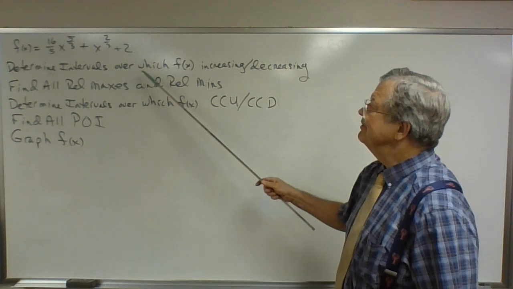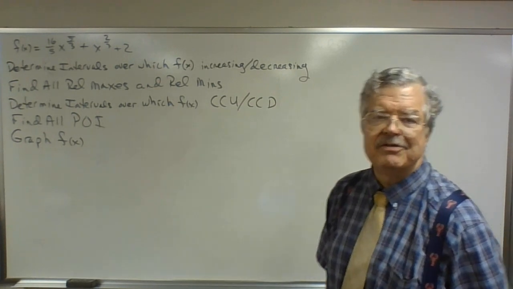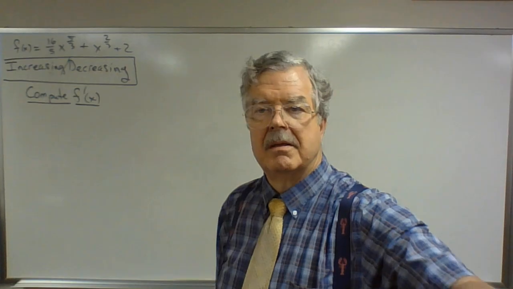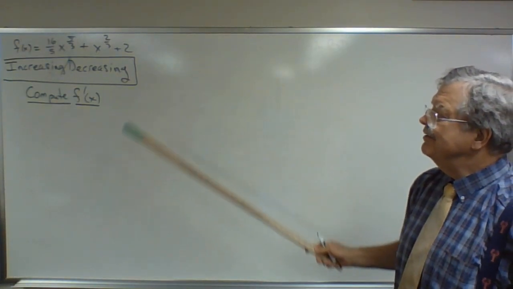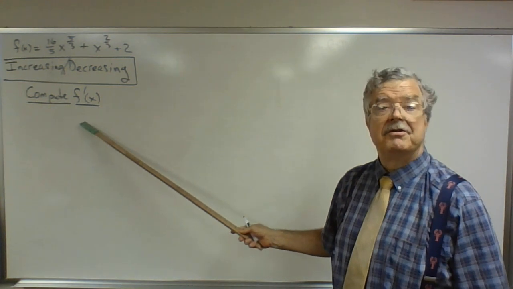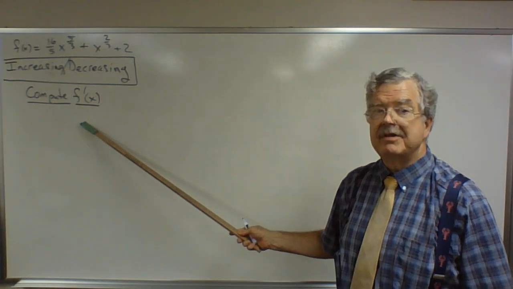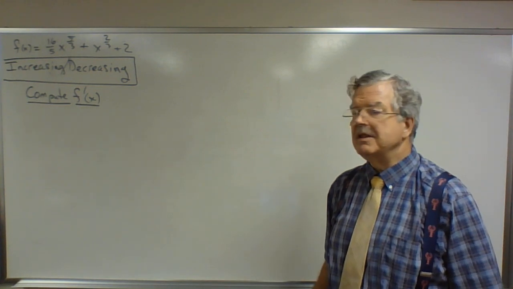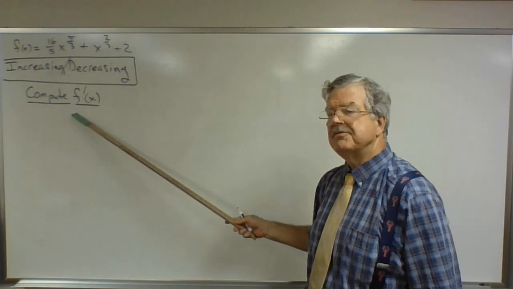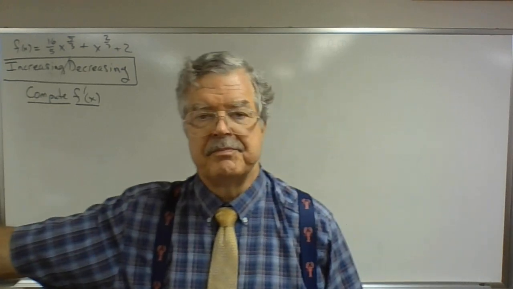Okay, first things first, increasing and decreasing. The derivative, the first derivative, tells us about increasing and decreasing, as well as critical numbers. So this is the first thing that we're going to do.